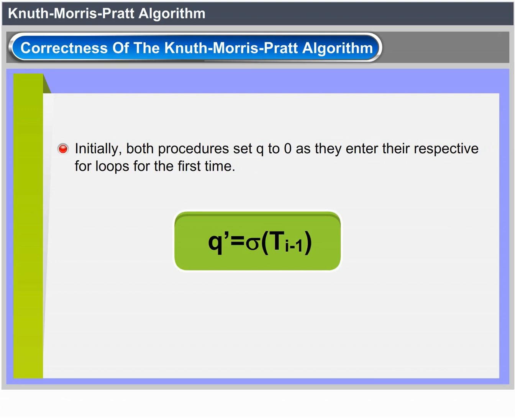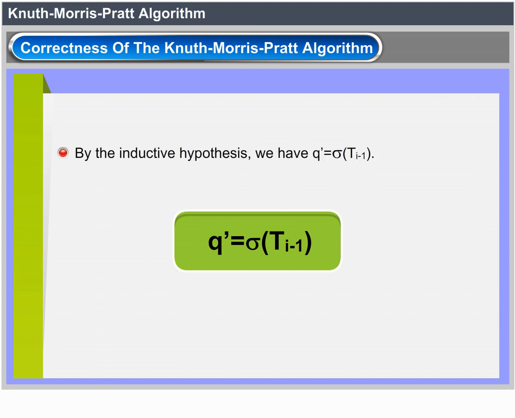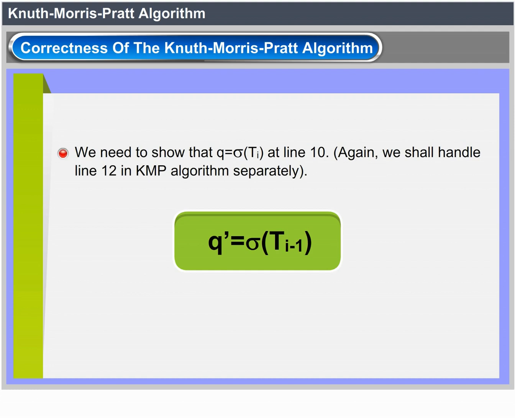Consider iteration i of the for loop in KMP matcher and let q' be the state at the start of this loop iteration. By the inductive hypothesis, we have q' equals σ(Ti-1). We need to show that q equals σ(Ti) at line 10.